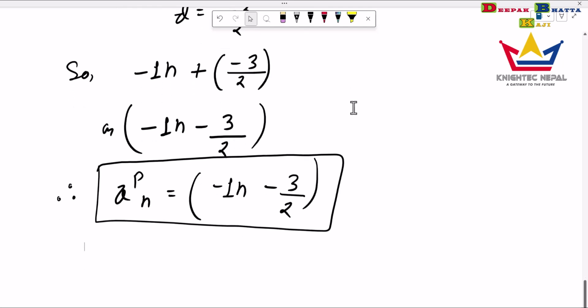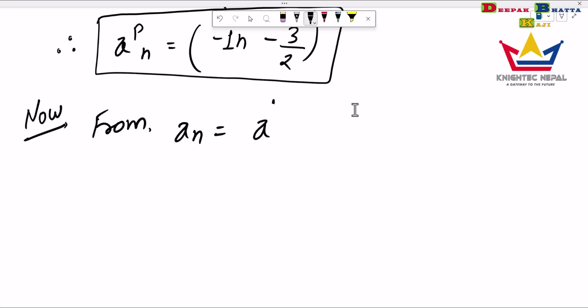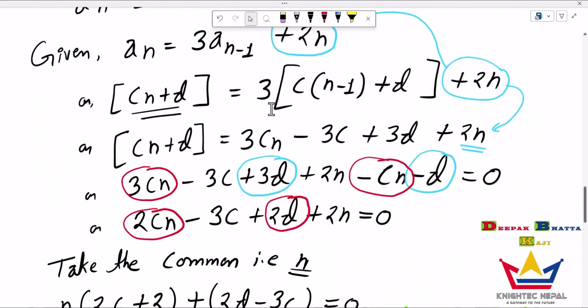So now, from An equals A raised Hn plus A raised Pn. Now put the value. We have A raised Hn, we have just written over here A raised H.